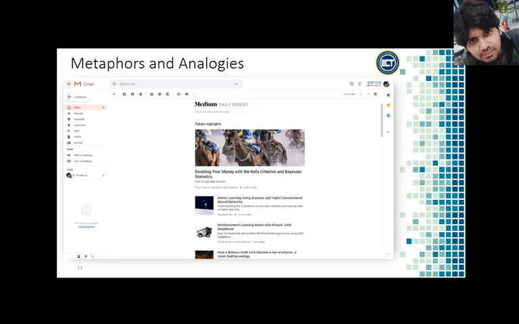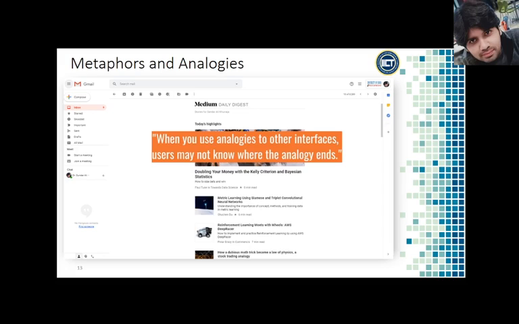But analogies and metaphors have a downside. When you choose to use them, users don't know where the analogy ends. When I describe Medium's newsfeed as kind of like Facebook or Twitter, users might wonder where the retweet or share options are.